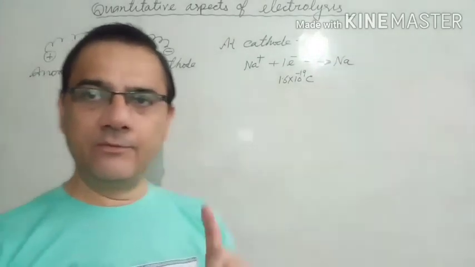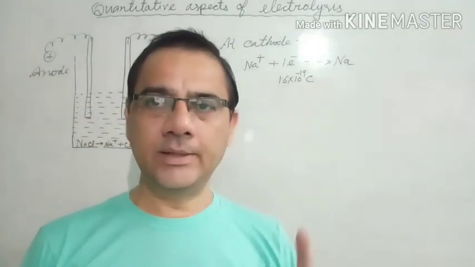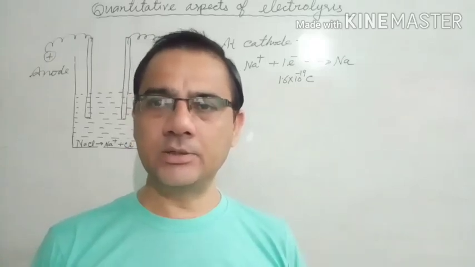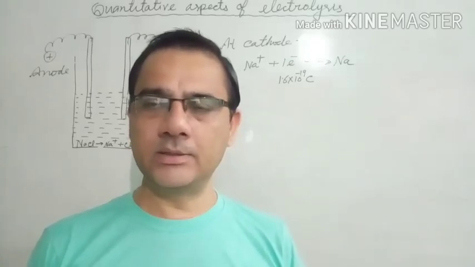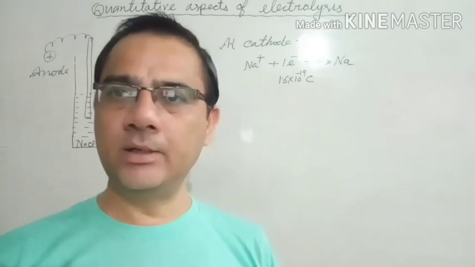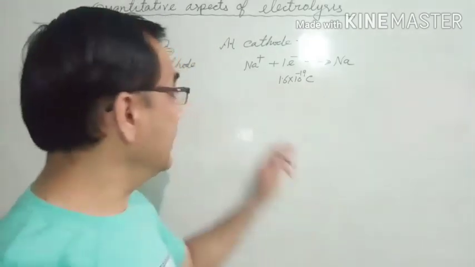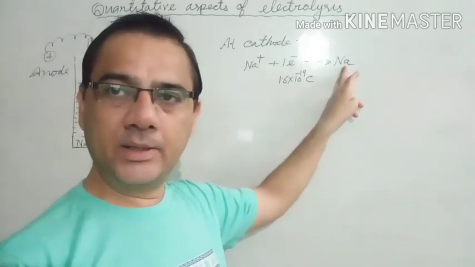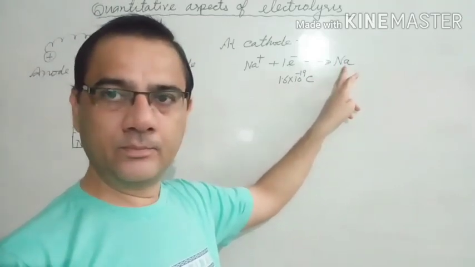It means if one Na plus ion gets deposited at the cathode, it acquires a charge equal to 1.6 into 10 to the power minus 19 coulomb of negative charge, and after acquiring this charge, one atom of sodium gets deposited at the cathode.